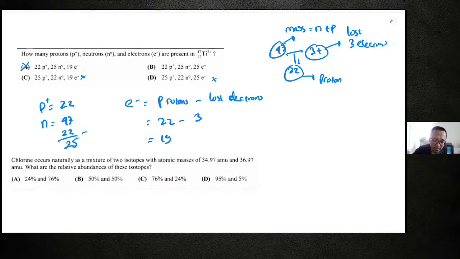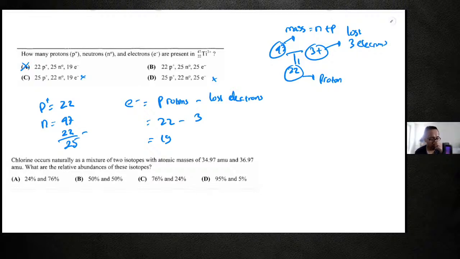Chlorine occurs naturally as a mixture of two isotopes with atomic masses of 34.97 and 36.97. What are the relative abundances of these isotopes?